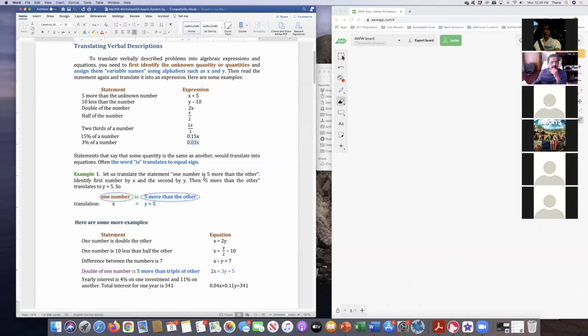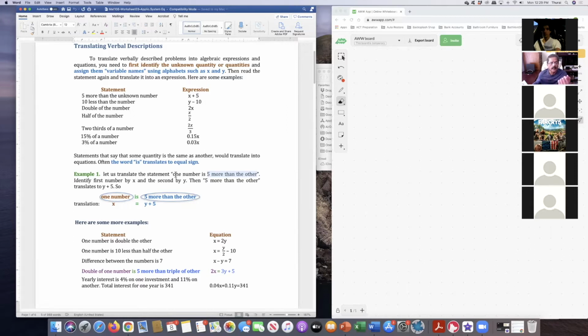Let's translate the statement, one number is 5 more than another. One number we will identify by X. The word is here is going to translate to an equal sign, equal to 5 more than the other. The other number, you introduce the name Y, then 5 more than the other is Y plus 5.